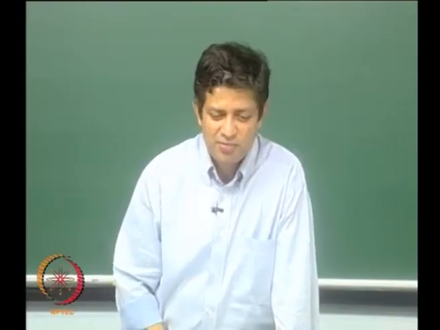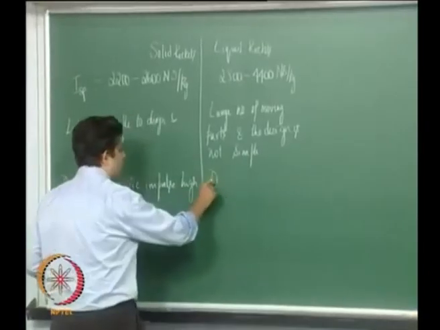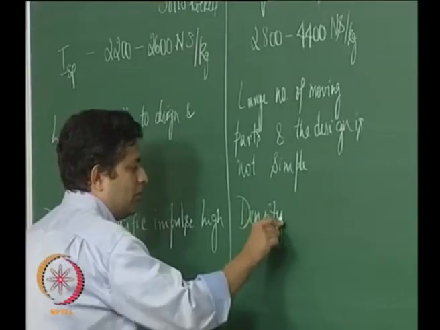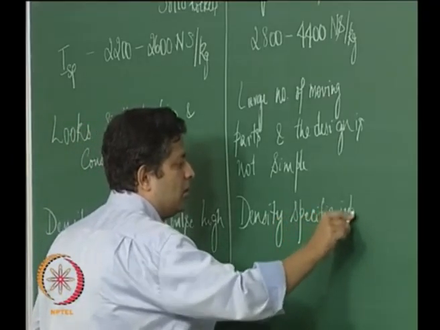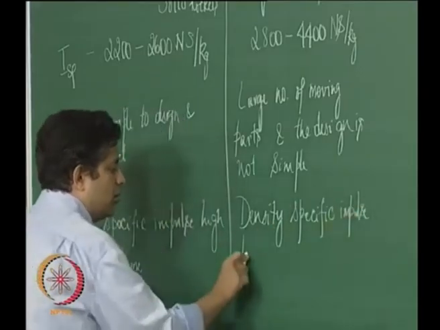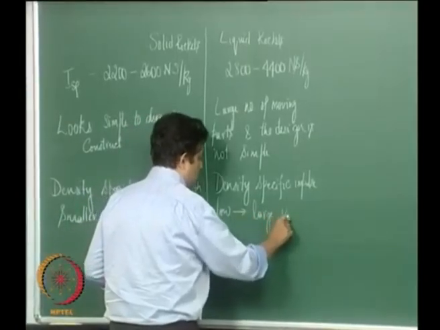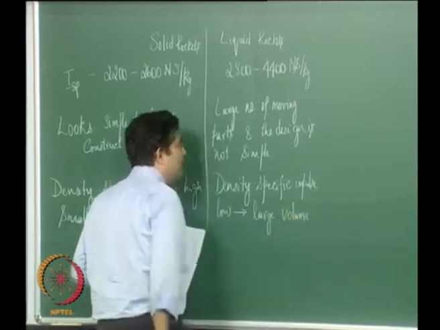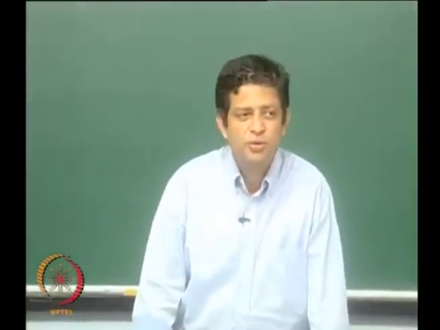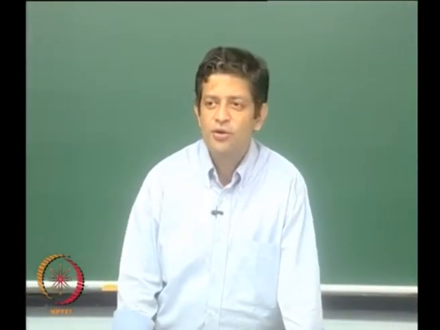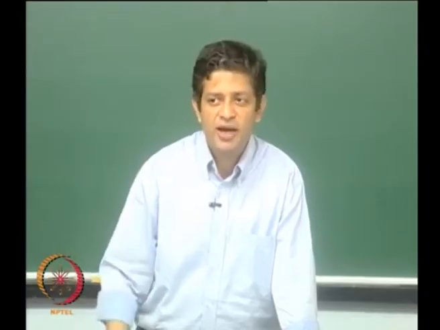As a consequence, its density impulse is lower. How does large volume contribute to a bad thing? If you look at its operation in the atmosphere, then the drag will be very high, right.